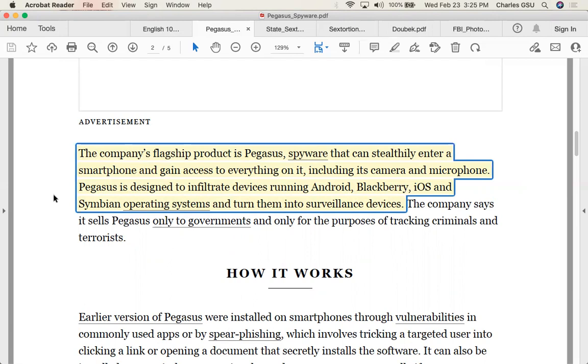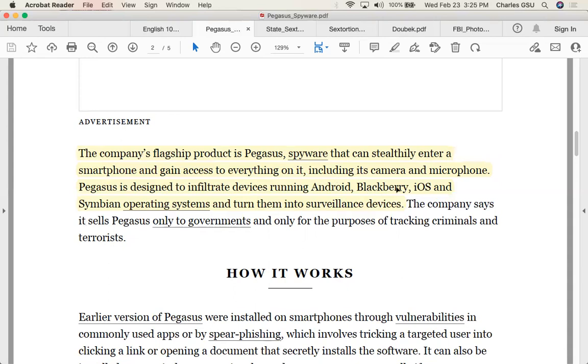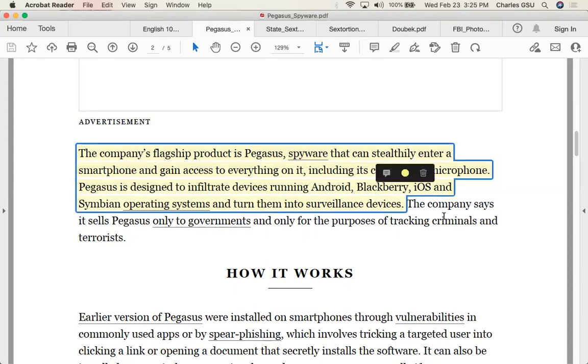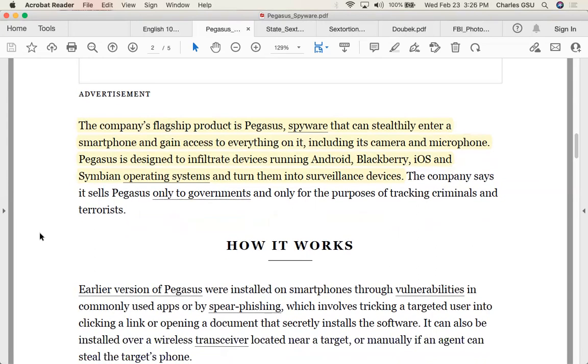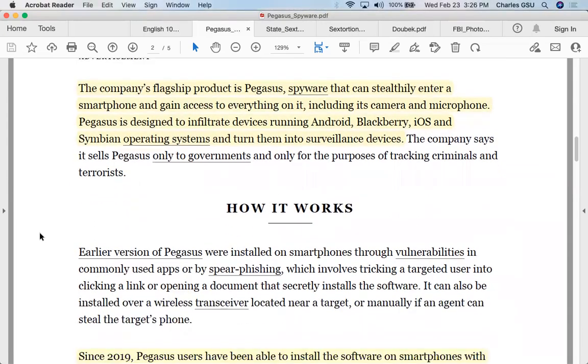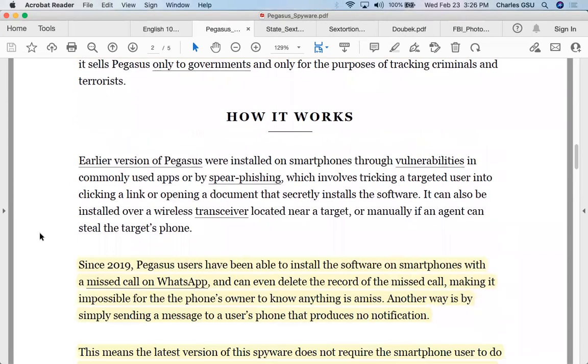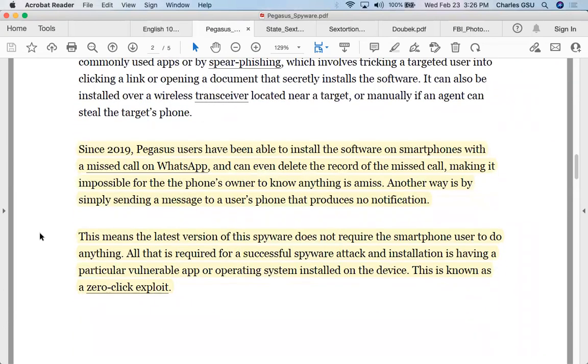Pegasus is designed to infiltrate devices running Android, BlackBerry, iOS, meaning iPhone, and Symbian operating systems, and turn them into surveillance devices. So right there, that's kind of the whole universe of pretty much 99% of what people carry around, whether you're in India, China, or the United States.